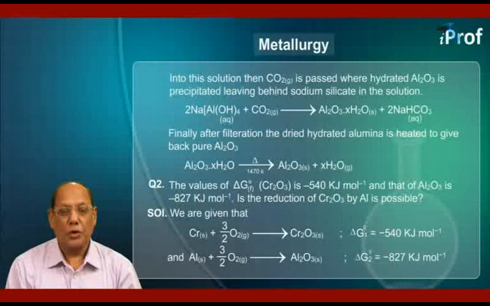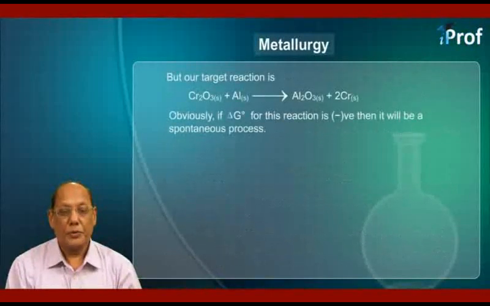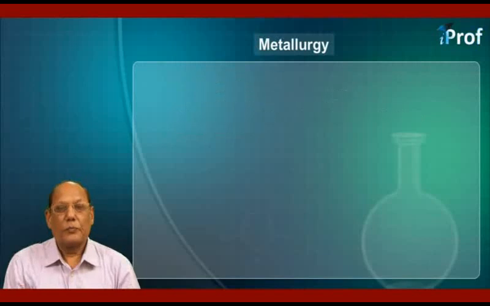ΔG2° is equal to minus 827 kilojoule per mole. But our target equation is Cr2O3 (solid) + Al (solid) to give Al2O3 (solid) + 2Cr (solid). Obviously, if ΔG° for this reaction is negative, then it will be a spontaneous process.